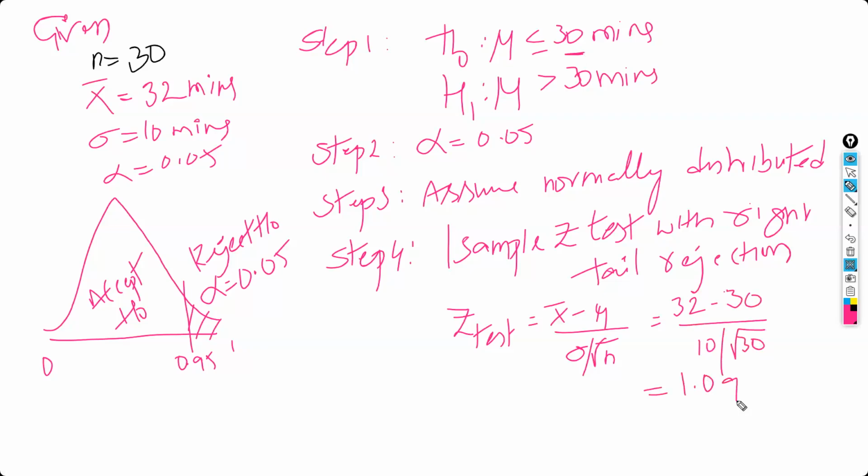Now from 1.09, what is the next step we have to do? Calculate the p value. Open the Z table and tell me, for 1.09, what is the p value?